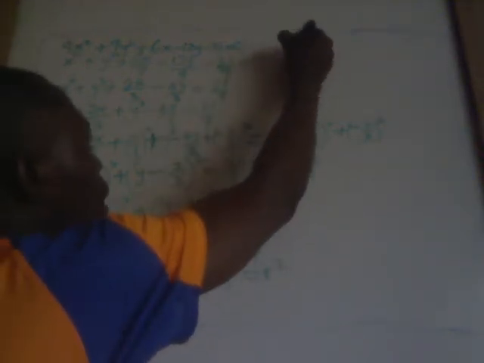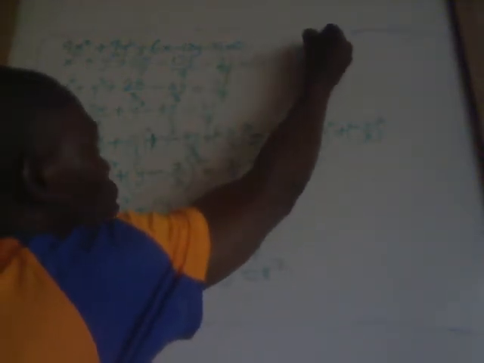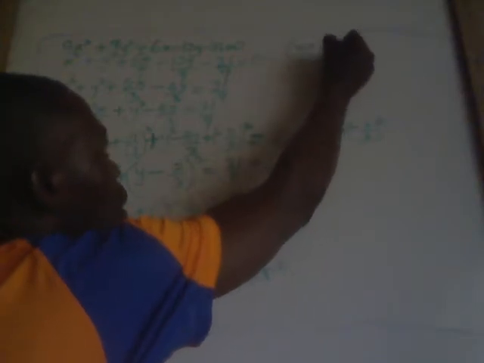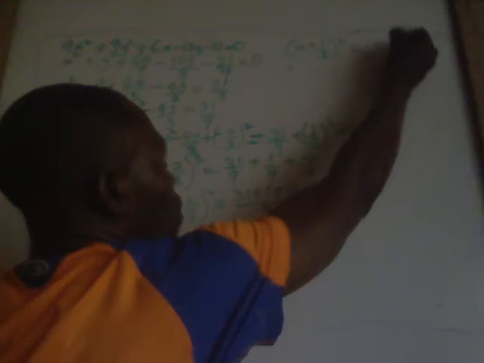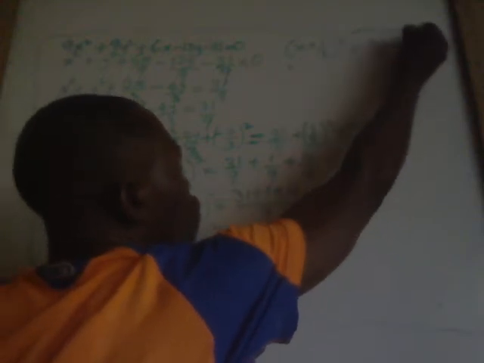You compare x minus a all squared with x plus 1 over 3 all squared to get your a. That is open bracket x plus 1 over 3 all squared equals x minus a all squared.